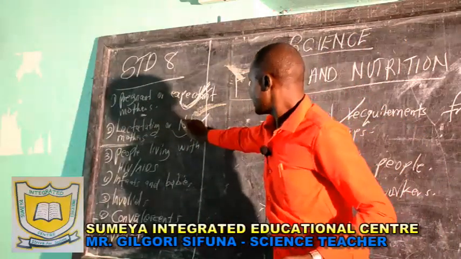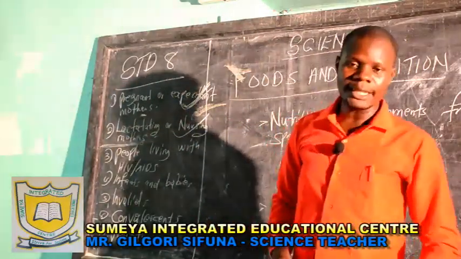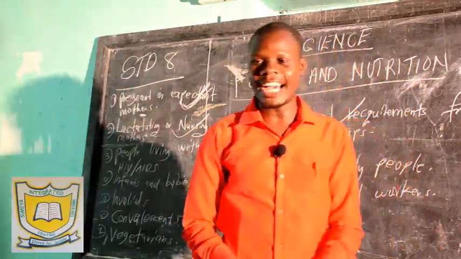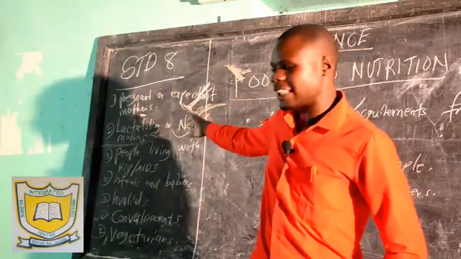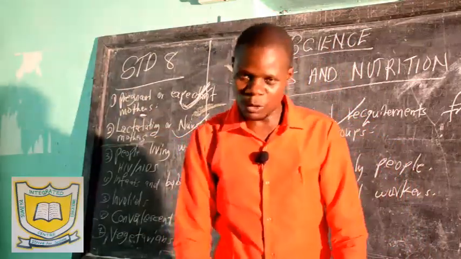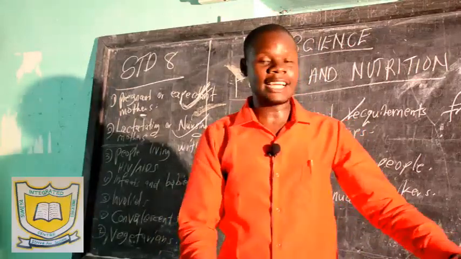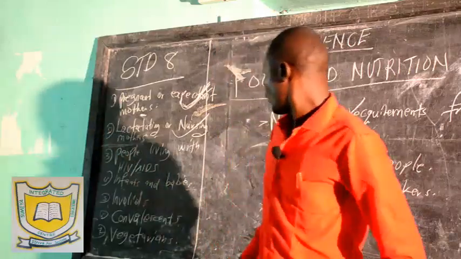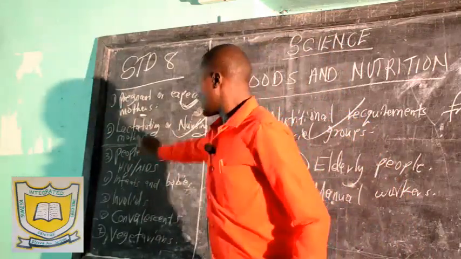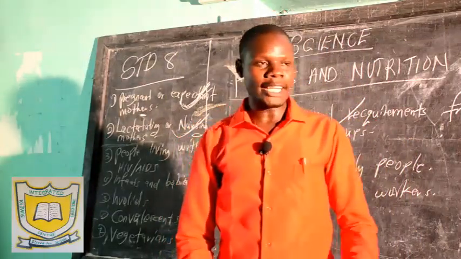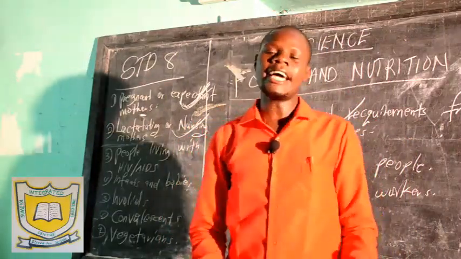Okay, lactating or nursing mothers, what are they? When you talk about nursing, from the English word nurse, it is self-explanatory. A nurse, what is the function of a nurse? Somebody who is taking care of another person in the hospital, maybe assisting a sick person who is not able to do one, two, three things. Now, a nursing or lactating mother is a mother who has given birth to a young child and is taking care of that child.